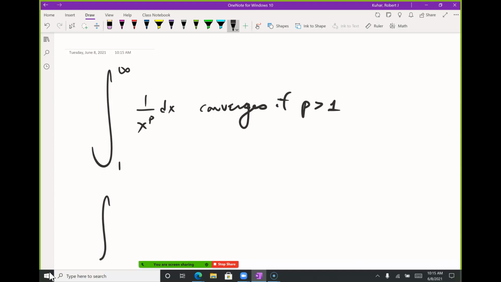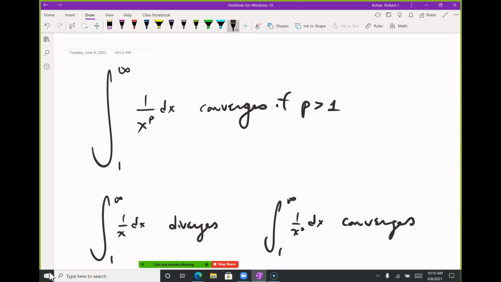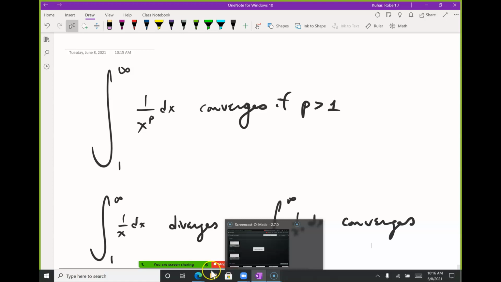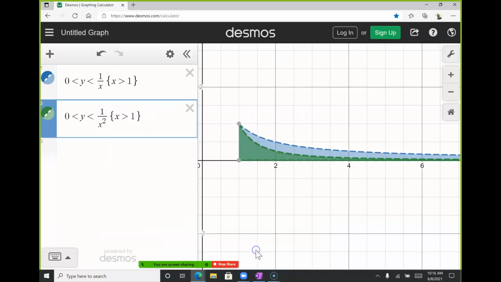So the integral from 1 to infinity of 1 over x diverges. The integral from 1 to infinity of 1 over x squared converges. And I can use that 1 over x as kind of my breaking point for areas.